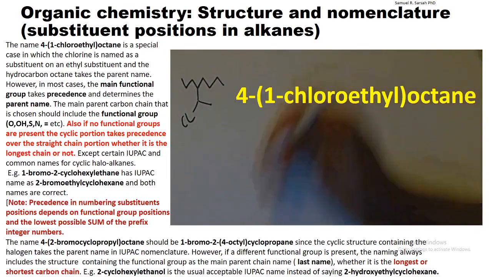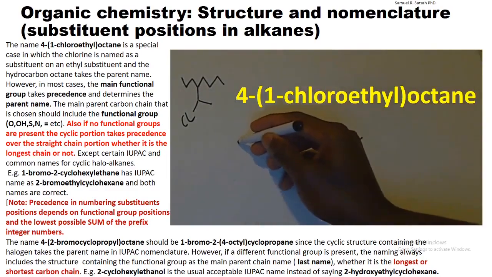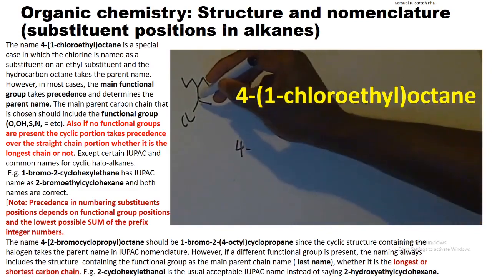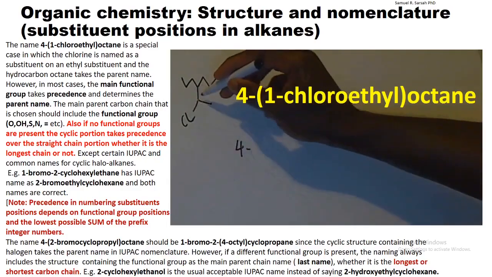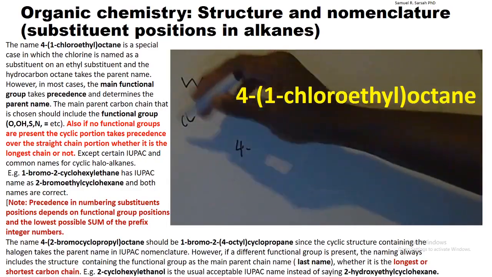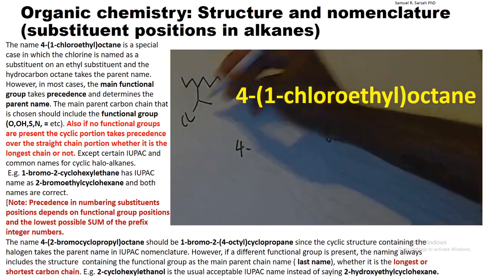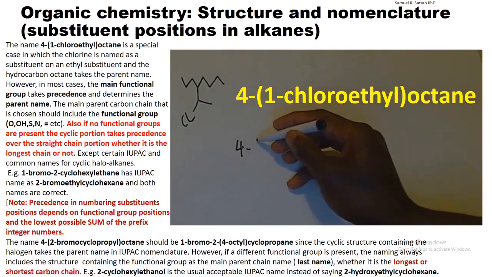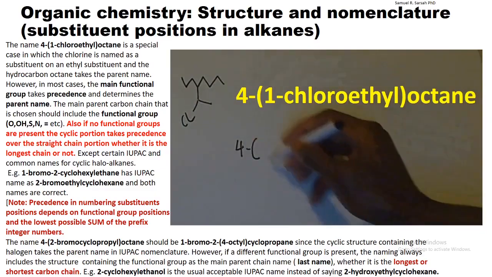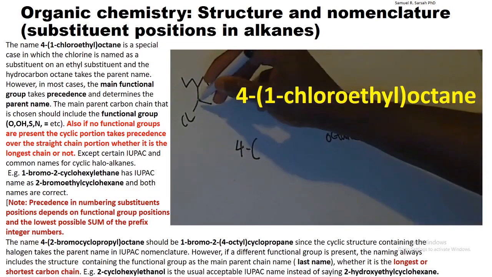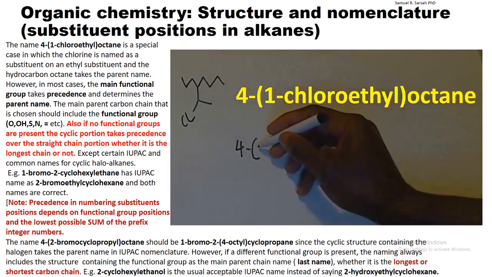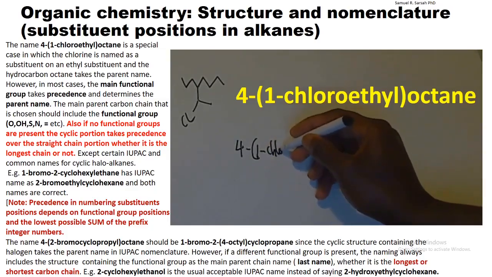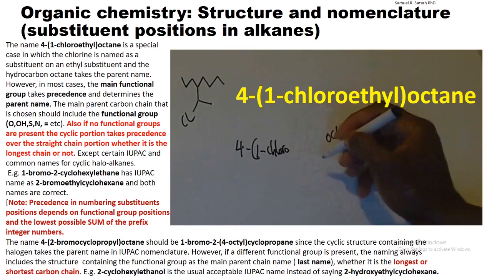So this should be named as 4-, and because this is a substituent of the substituent, the naming of this is usually put into brackets to specify the position of the chlorine on the ethyl group. You're going to put into bracket this: 1-chloroethyl.